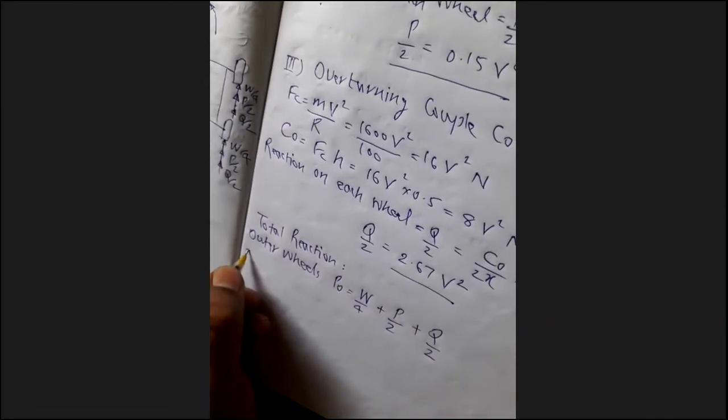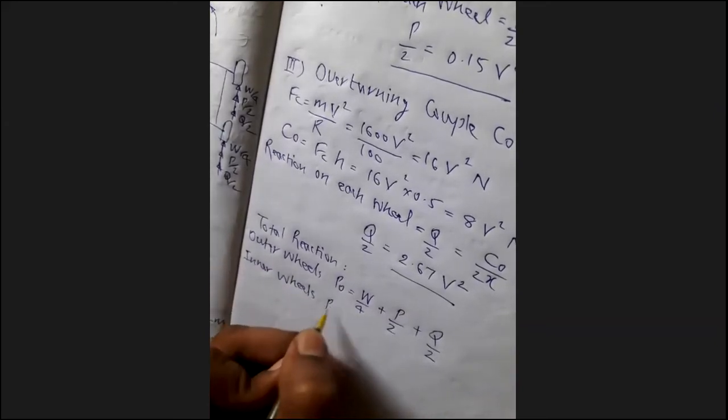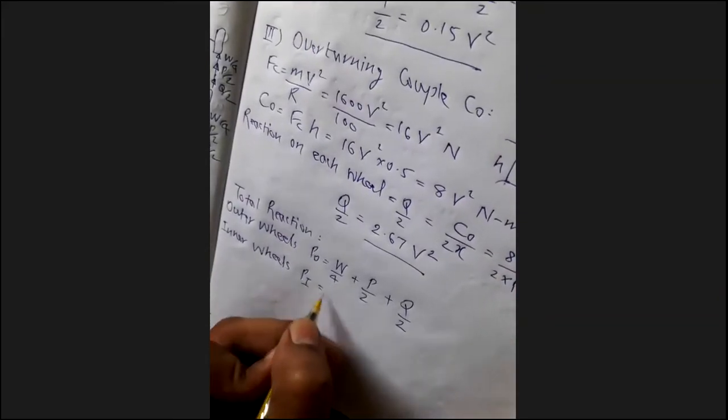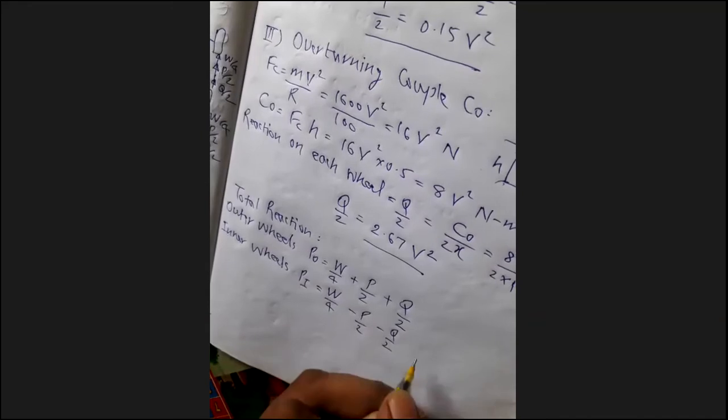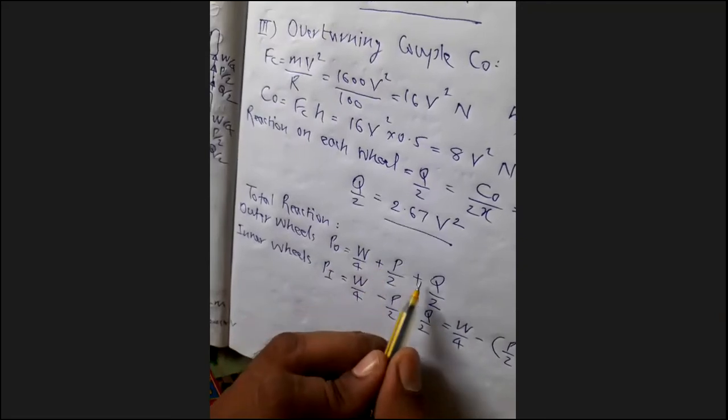Now for inner wheels, if you look at inner wheels, W by 4 is upward, P by 2 and Q by 2 are downward. Therefore, PI will be equal to W by 4 minus P by 2 minus Q by 2. This can be written as W by 4 minus, if I write a bracket here, P by 2 plus Q by 2. Now the total reaction at the outer wheel is always going to be positive because all these three are added together.